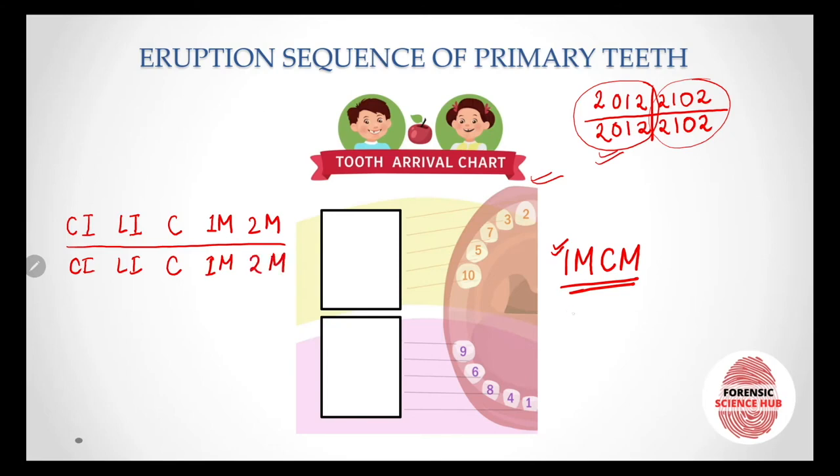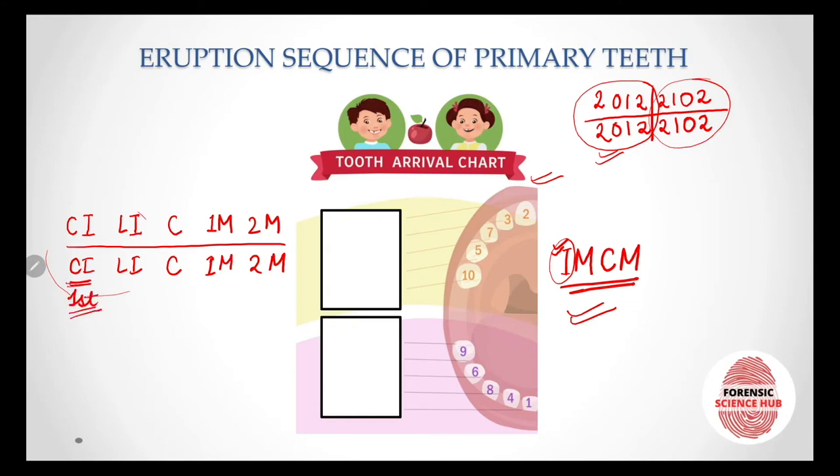So according to this formula IMCM, the first tooth that erupts is the incisors. Now we have 4 incisors over here, right? So which tooth is the one that erupts first? It is the central incisor in the mandibular jaw, that is the lower jaw, that erupts first.